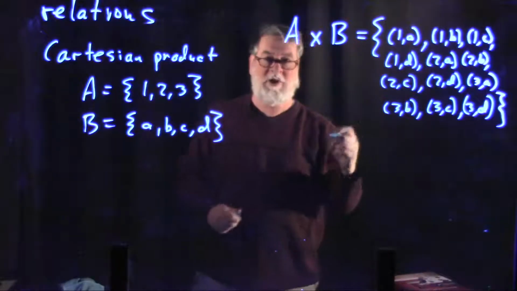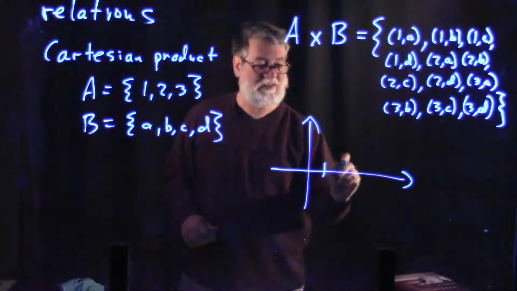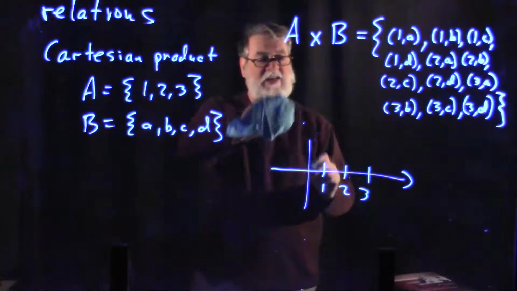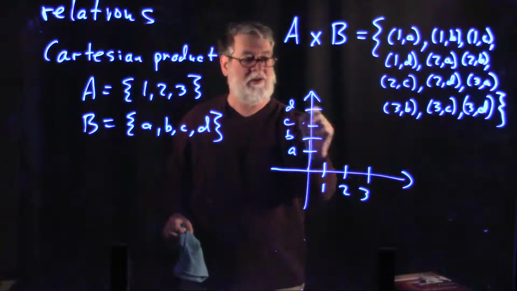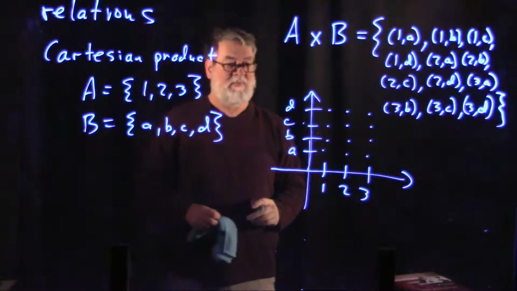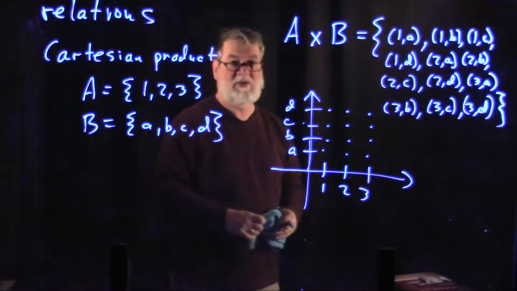One way to think about this is I'm drawing 2 sets of axes. And along one set of axes is 1, 2, 3. And along the other set is a, b, c, d. And I'm looking at all the points that gives me. 1a, 1b, 2a, 3a, 2b, 3b, and so on. Okay.